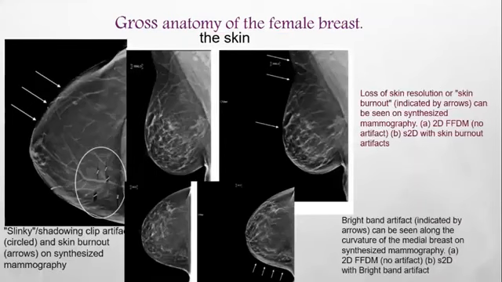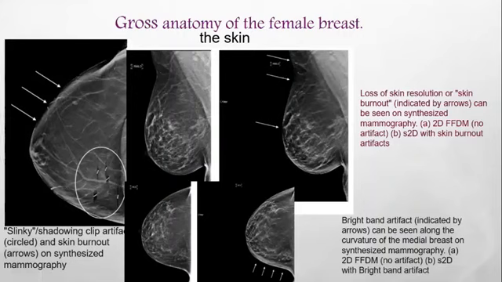Also, we have to consider artifacts, especially with the use of synthetic mammography. Just to reduce the effect of exposing the patient twice, doing 2D digital mammography and doing 3D mammogram or tomosynthesis, they are doing a tomosynthesis, the 3D.